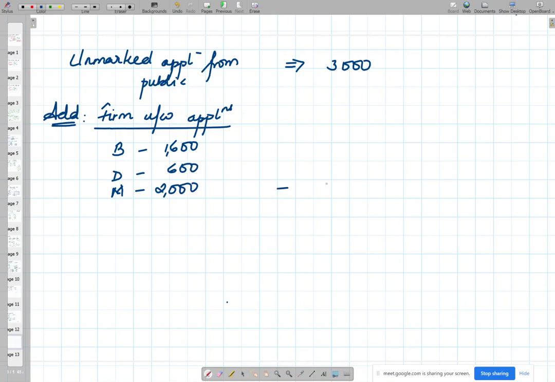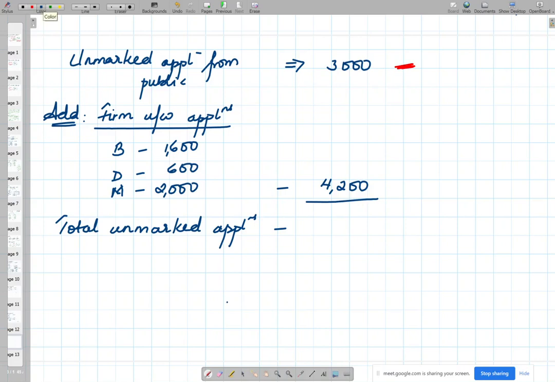This comes to 4200. We call this the total unmarked applications, which we will divide in the gross liability ratio. This will not be divided in the gross liability ratio yet, because there are firm underwriting. So we have to add firm underwriting, get a new value which is 7200, and this value will be divided in the gross liability ratio.